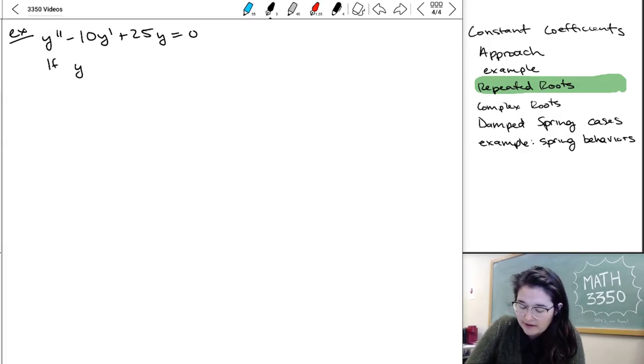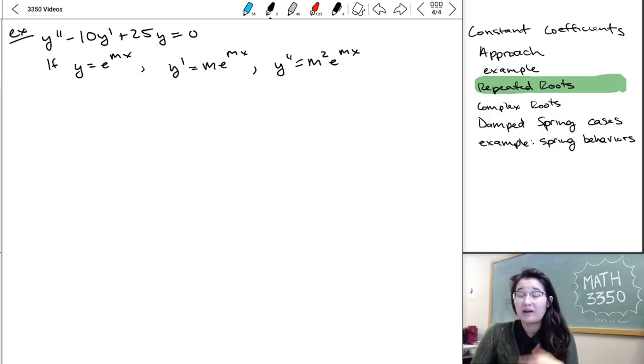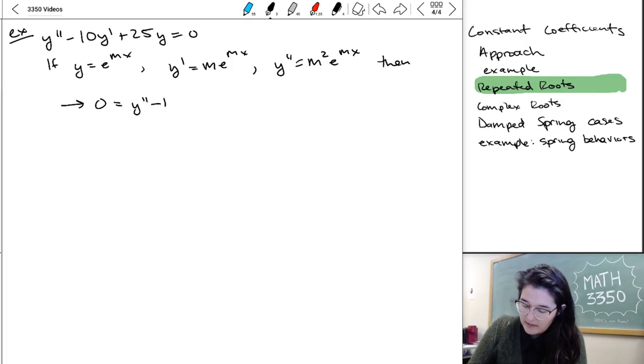So we're going to assume that y is e to mx, then y prime is m e to mx, and y double prime is m squared e to mx. I'm going to go through that step kind of quick because it's how we start every time. Then the ODE is 0 equal to y double prime minus 10y prime plus 25y.